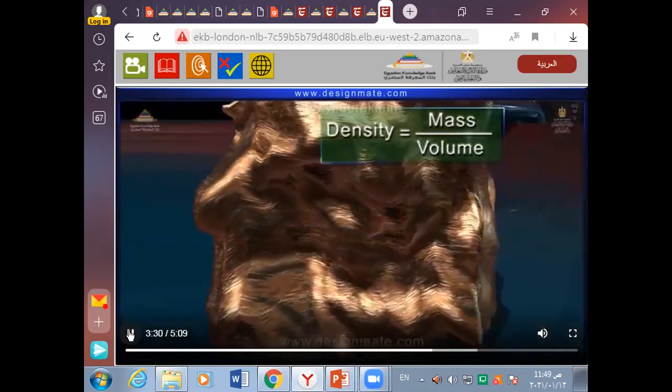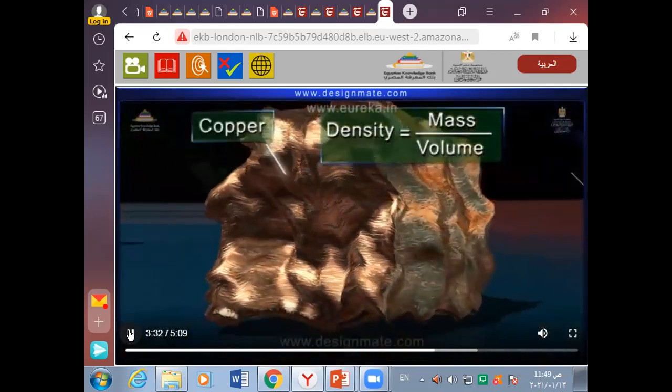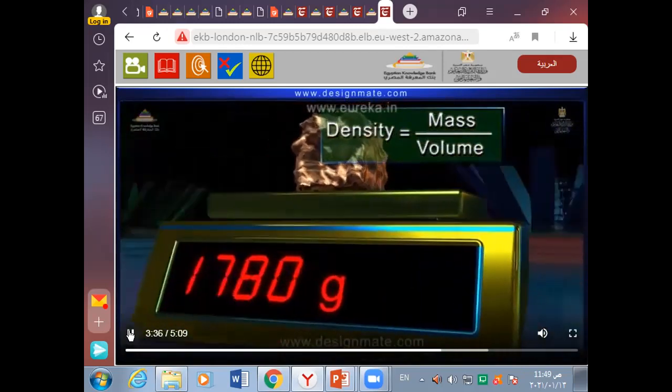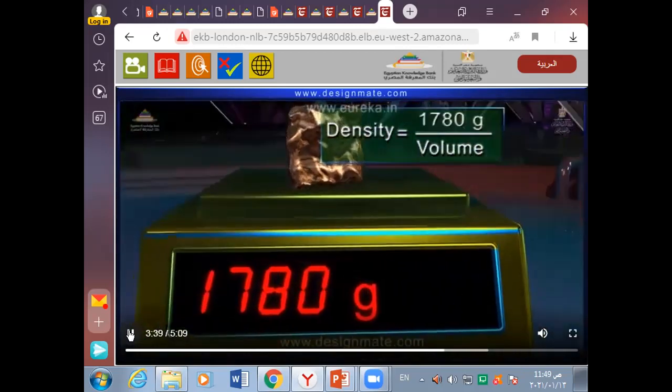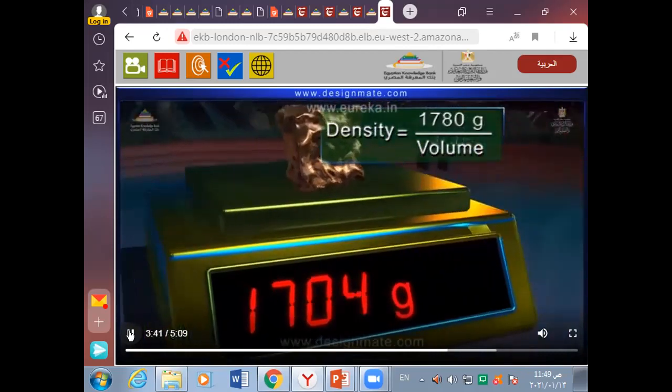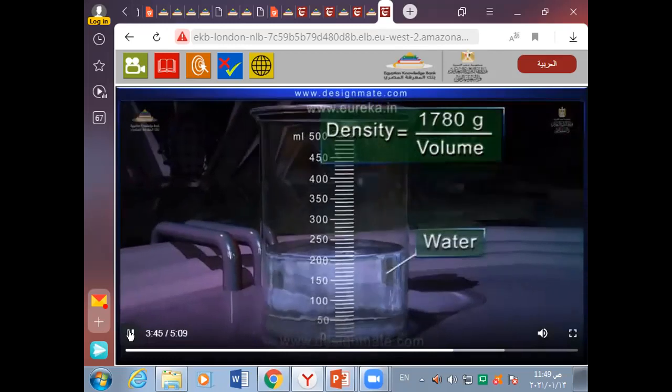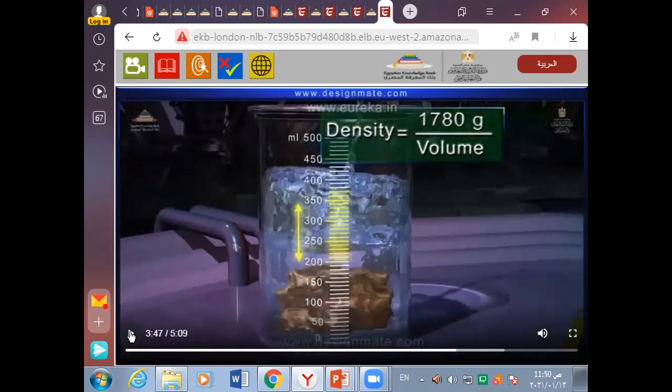What if we need to find the density of this irregular shaped copper piece? By placing it on a weighing scale, we find its mass to be 1,780 grams. Now, after taking a measuring cylinder containing water, we put the copper piece into it. This is an irregular object, okay?